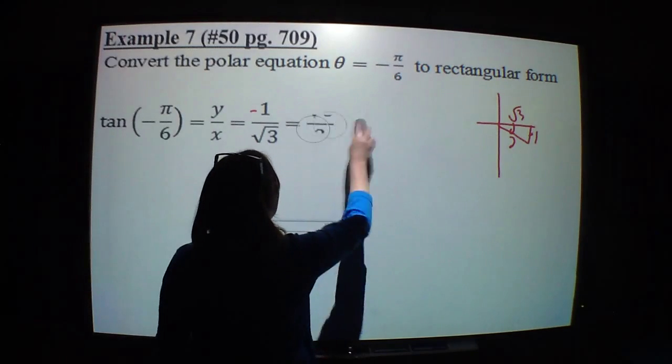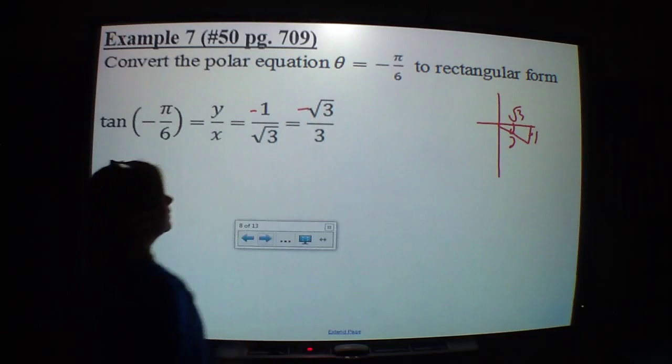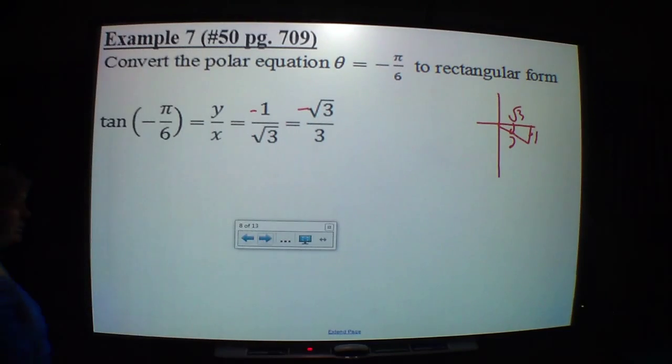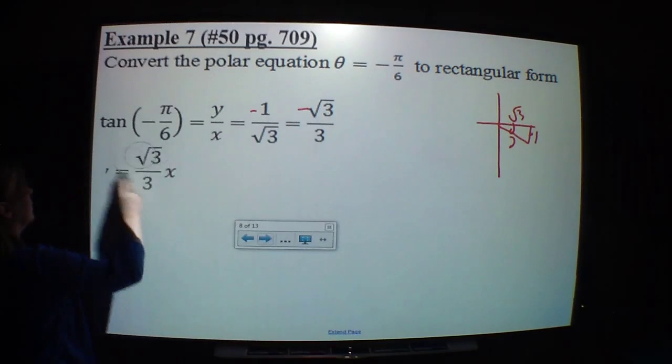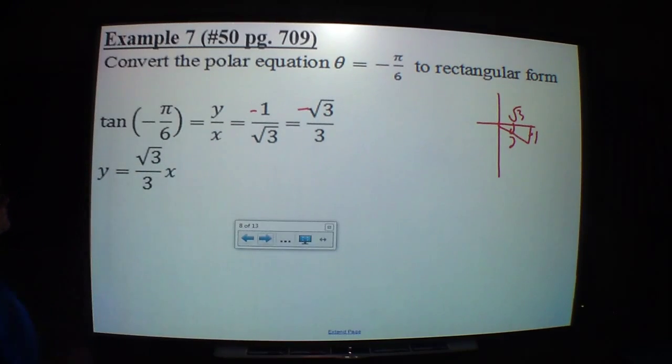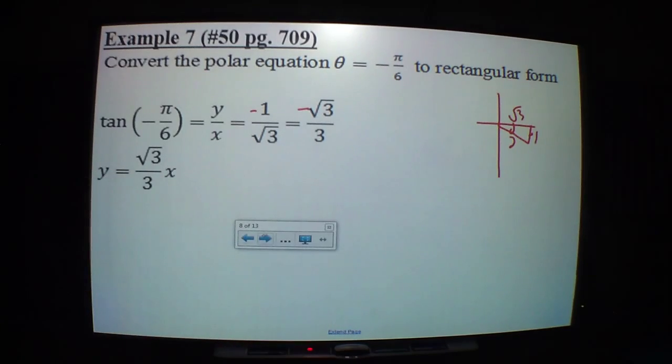So if you take this and get the radical out of the bottom, you could write it that way if you want. You don't have to. You can take my equation, and like I said, I forgot the negative, because it's -π/6. So that's a negative.